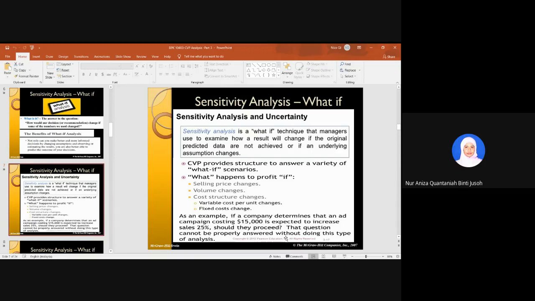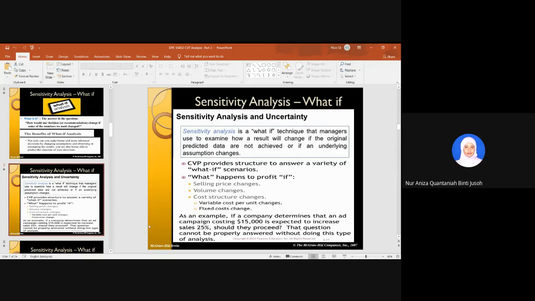But now they must know, if they implement this campaign, is there any change to the cost structure? Does variable cost change or fixed cost change? If variable cost, fixed cost and the selling price change, then they will have to look at the viability of adopting this campaign and the viability of not proceeding with the campaign.